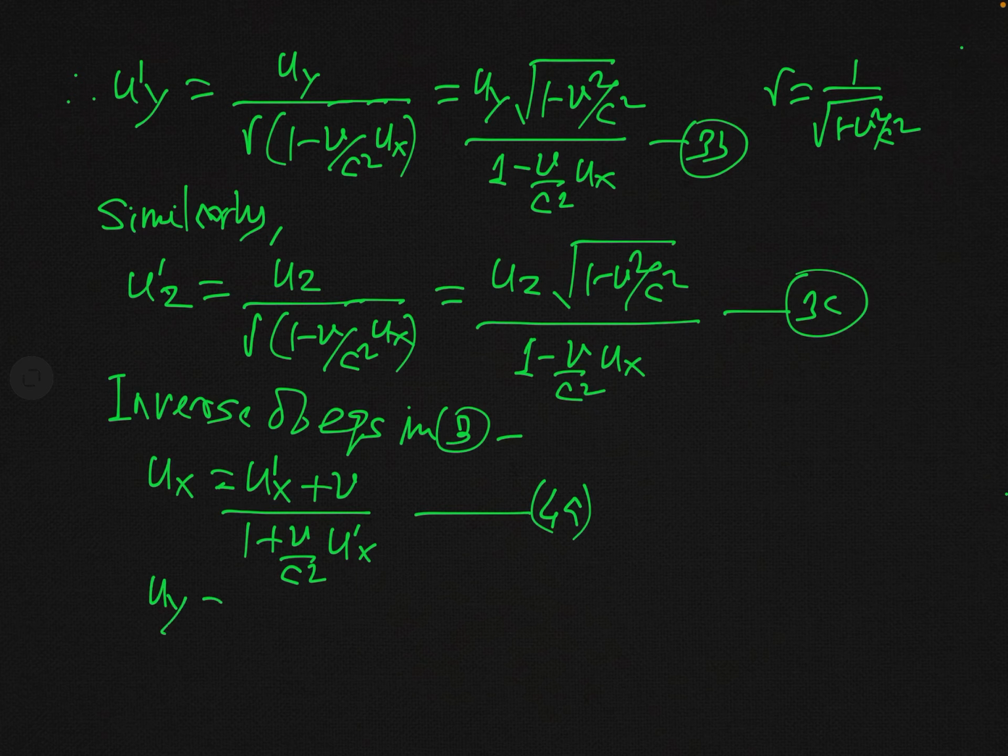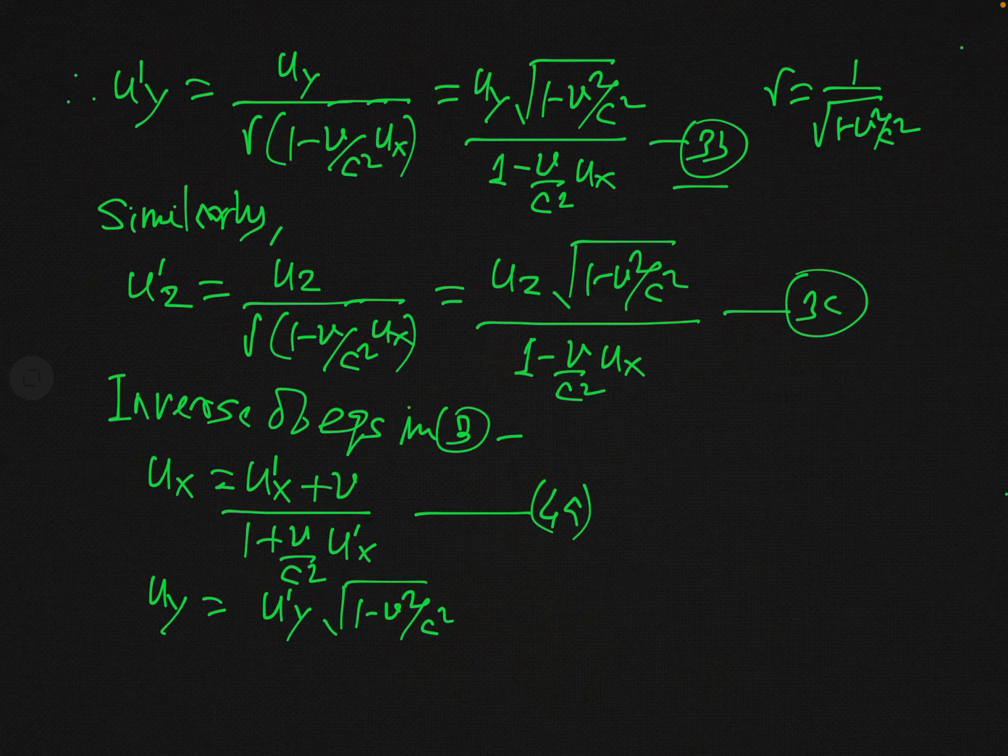Now we will write the inverse equation of equation 3b, and you can see we will write uy instead of u prime y, and instead of this uy we will write u prime y. Inside this square bracket the term is v square over c square.